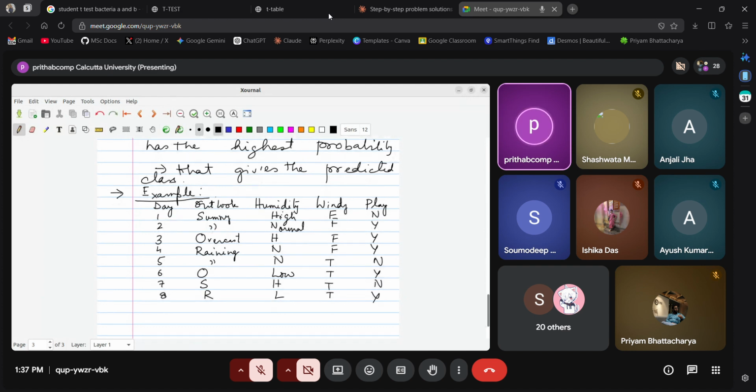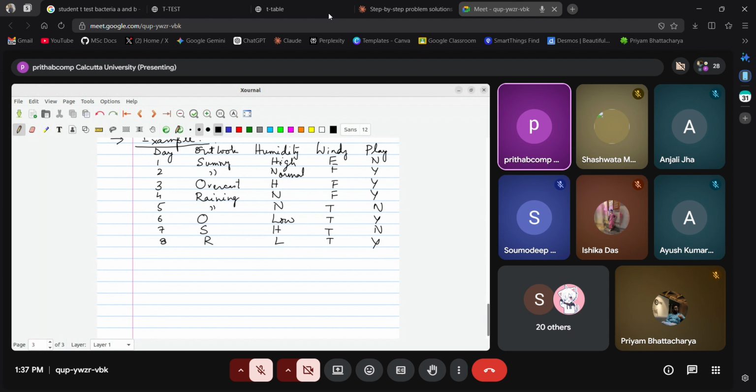Okay. So now how do you predict using this Bayes classification? Let's say my input X is that it is rainy, high humidity, and not windy, so windy is false. Then predict whether you should go for play or not. Play is yes or no, what is it?